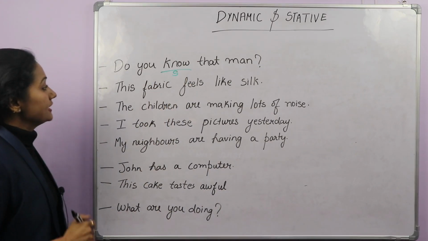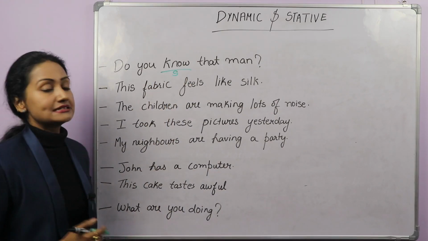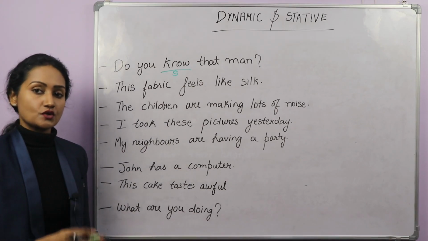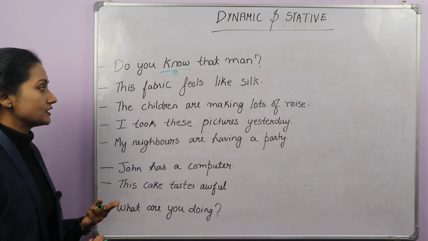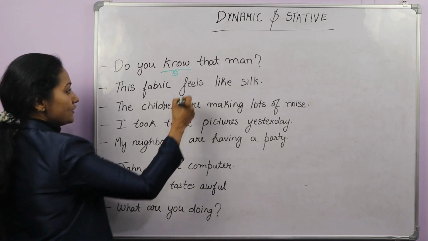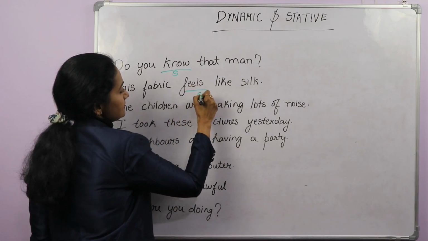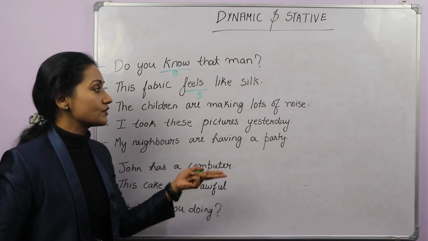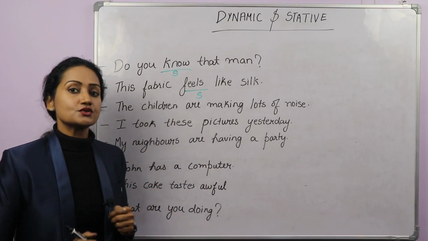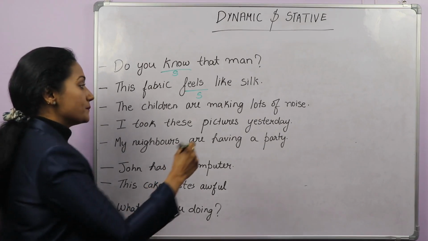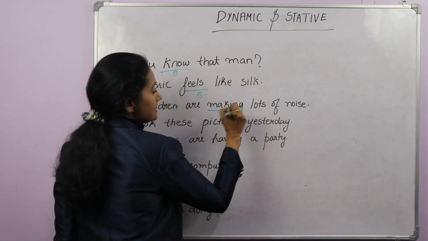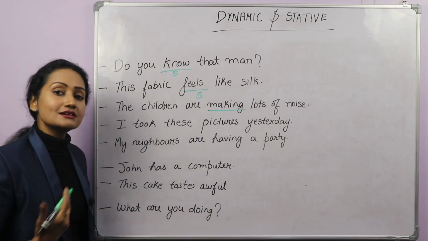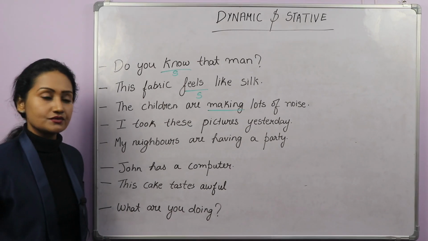Now next is, this fabric feels like silk. Again, it is not an action, it is a state, so that's why feel is a stative verb. The children are making lots of noise. So the verb is make. This is an action. Making here is showing an activity that the children are making lots of noise.